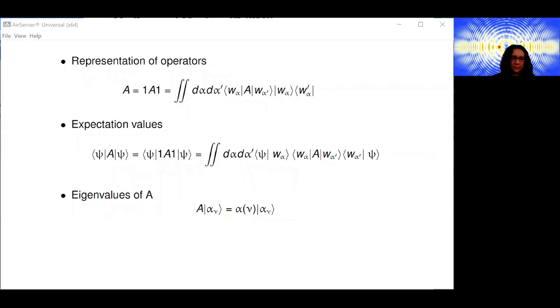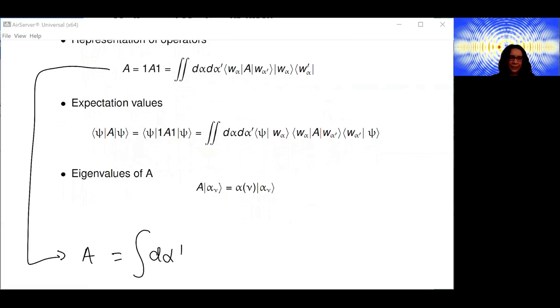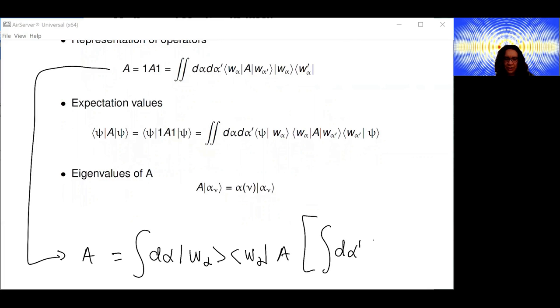So basically what you have to do is you can just write, in this case, A is equal to integral d alpha ket omega alpha bra omega alpha, and then here to the right you have integral d alpha dash ket omega alpha dash bra omega alpha dash. So basically I'm just applying the identity operator.